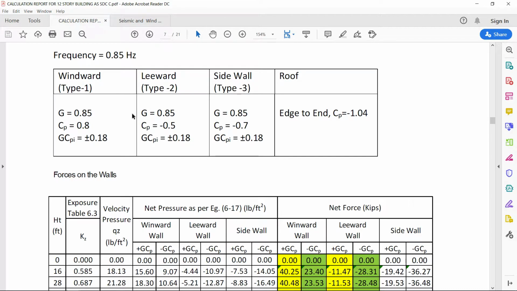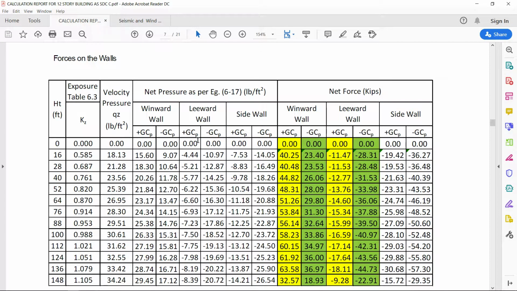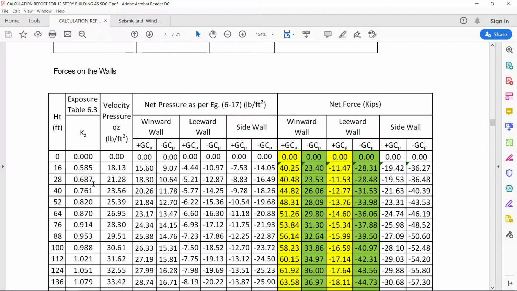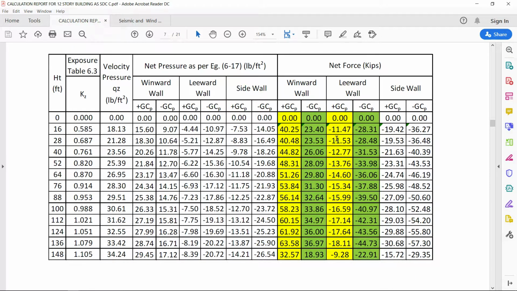And based on all these values, I prepared the net force on the building. So what I did, I took the heights for every floor, calculated the Kz value based on the formula, and the velocity pressure, net pressure, and here is the net force.